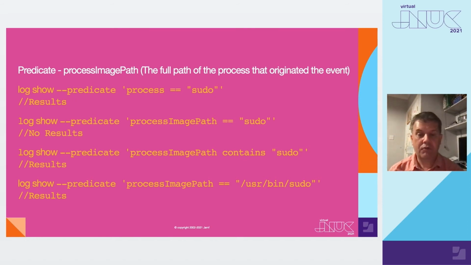So that's going to fail. But I could use contains, and that would work because it would look for any logs that have a path registered that contains sudo. Or I could use double equals and specify the actual path to where that process sits. So you've got some alternatives: process and process image path.